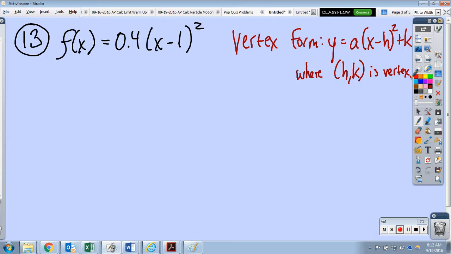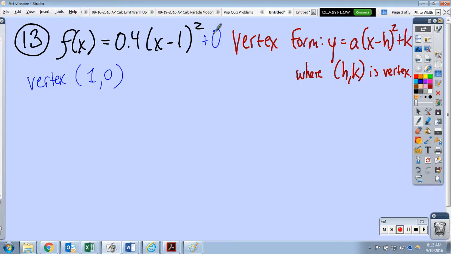Okay, so let's see what we can say about this guy. What's the vertex? This is in vertex form. What is the vertex of our function here? 1, 0. Yeah, 1, 0. All right, so you say, where's the 0? I technically could write plus 0 on the outside here, right?